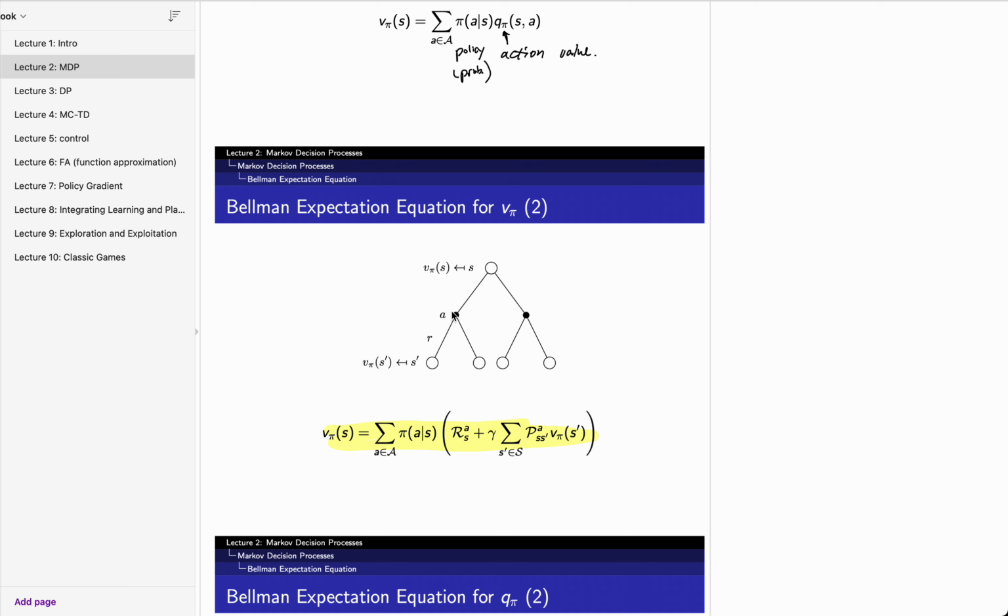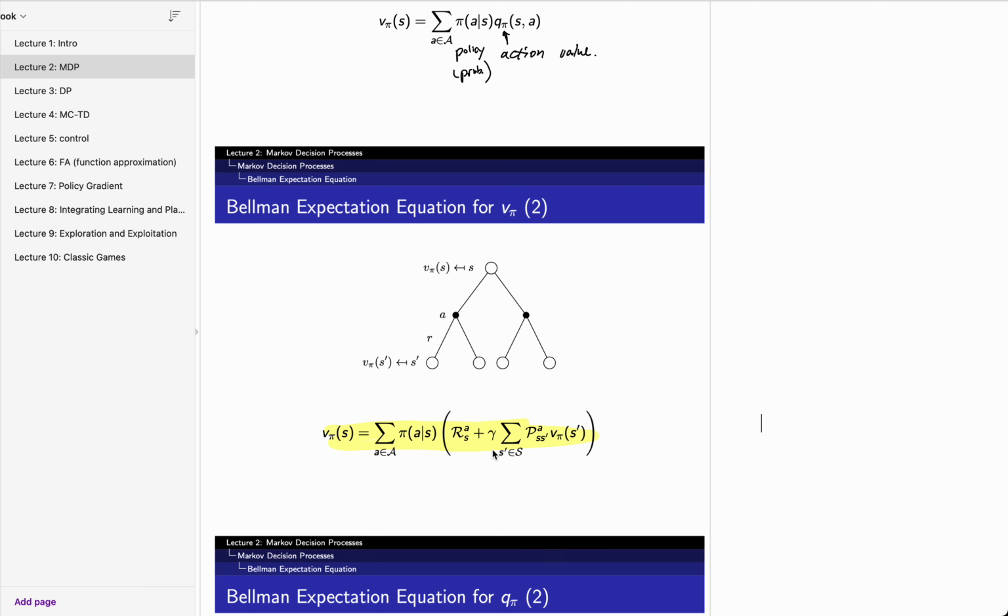And then each of these action value functions would be the immediate reward I'm going to get after I take an action, plus all the future states that I'm possibly going to reach, which is v pi s prime times its corresponding probability, which is defined in the probability transition matrix.